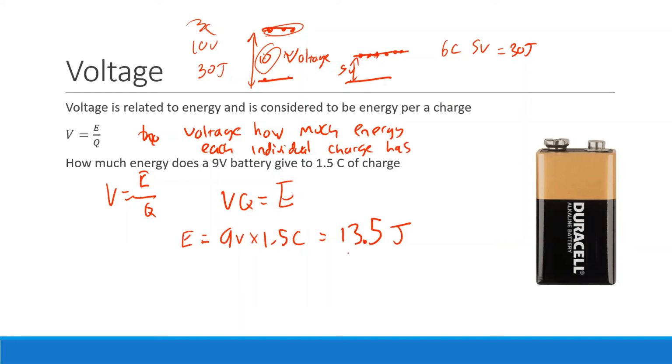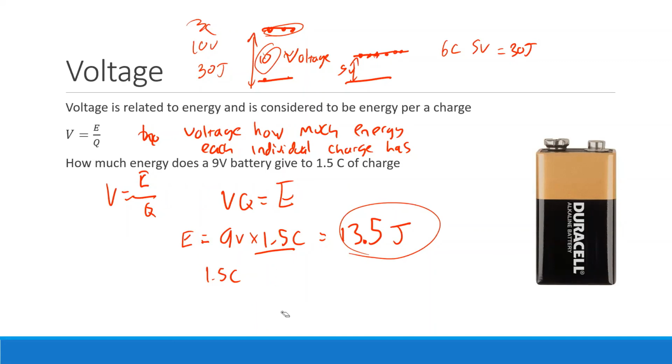We could even take this 13.5 and go one step further. I wanted to quickly show you guys this idea here. We've got 1.5 coulombs of charge, which means we can use that to work out how many electrons they have.